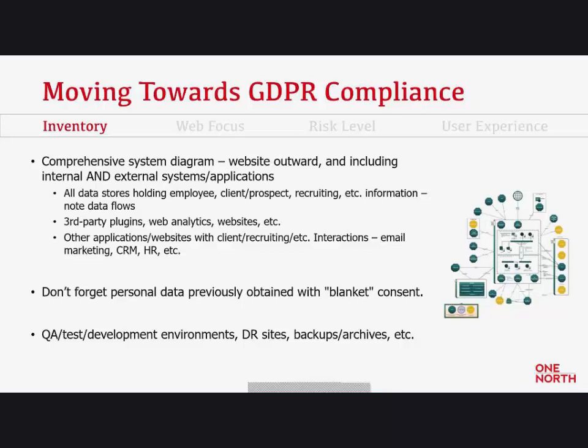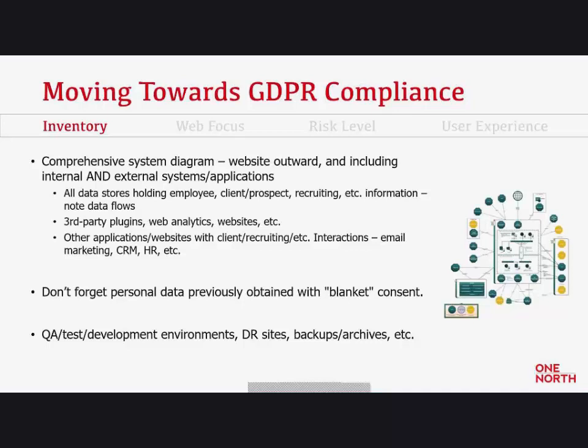Even looking at what your supporting environments are. You can't forget that you have QA environments and test environments and development environments that likely have some user personal data in them. Disaster recovery sites, even backups and archives will obviously have personal data stored in them. And it's not that you necessarily have to do anything with those, it's just that at this point you're trying to gain an inventory.